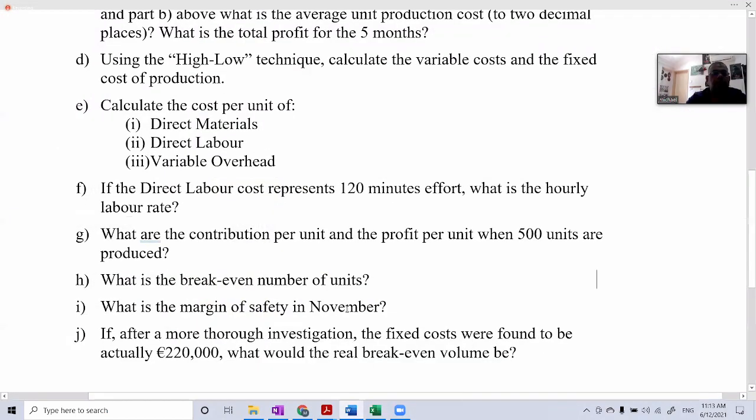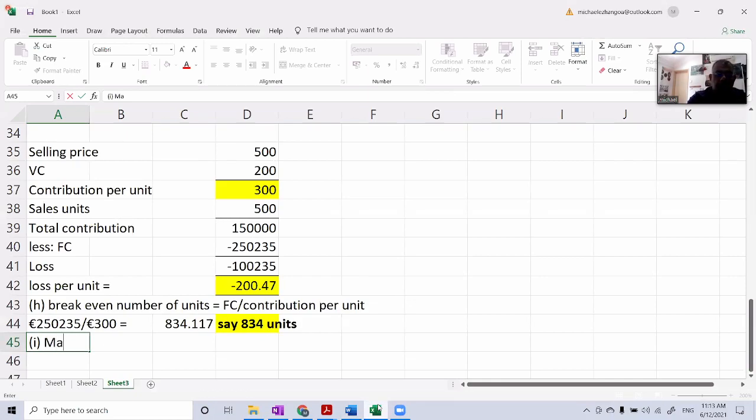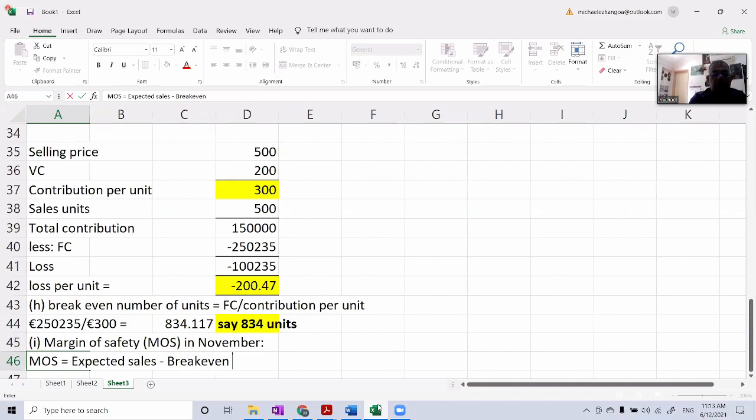Next, margin of safety, MOS, in November. Now, we know margin of safety is expected sales minus break-even sales.